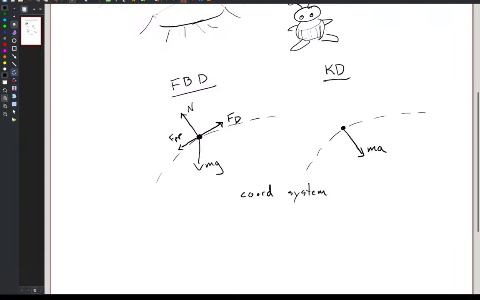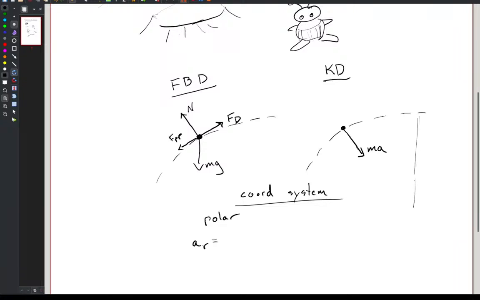So what kind of coordinate system do you want to use for this? I mean, you could use either, but maybe polar might be easier for this case since it's a constant radius. So then all you really have to track is the theta.